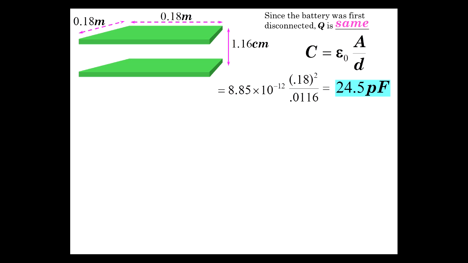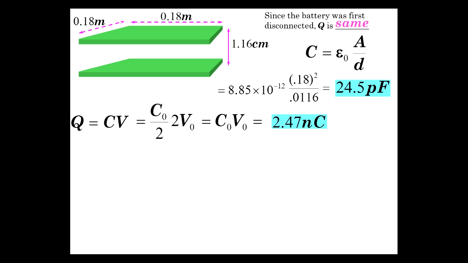So the value is likewise diminished. It's cut in half. 24.5 picofarads. Charge, C times V. Now we know that the charge has got to be the same because none could leave or enter. Let's just see if the formulas make sense. C is C0 over 2. The V is twice V0, and certainly, sure enough, 2.47 nanocoulombs.